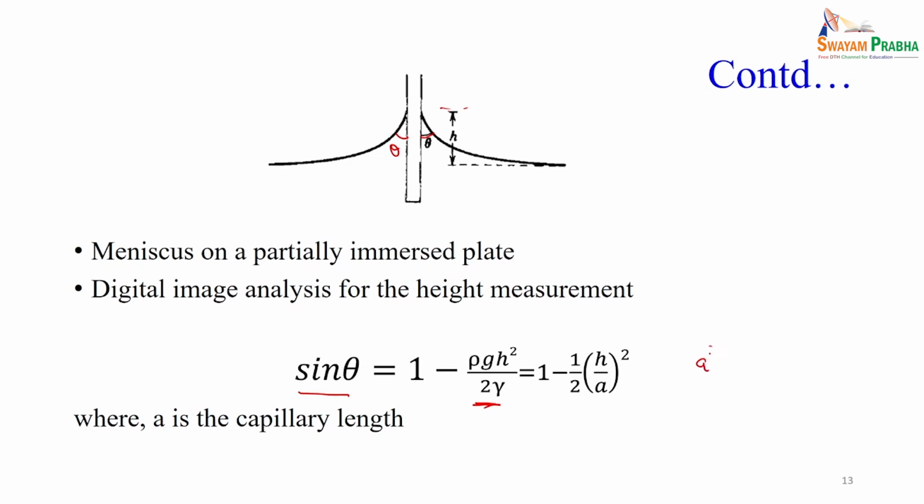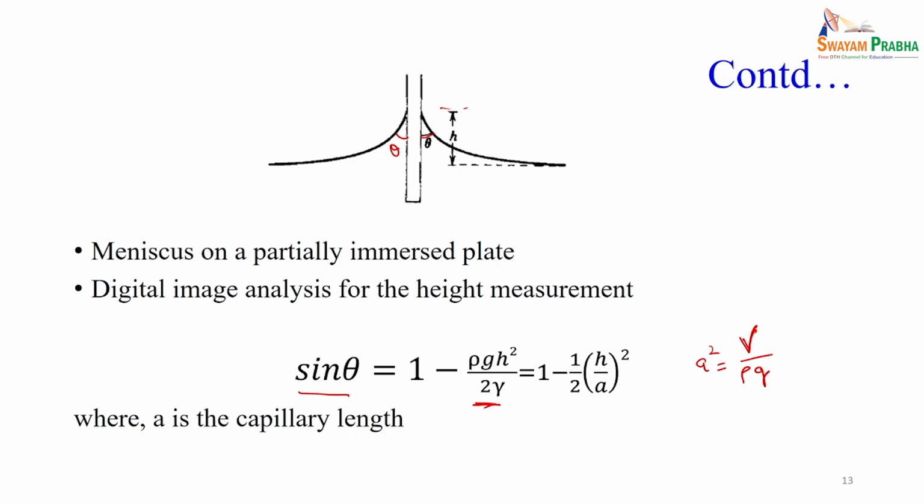Capillary length is defined as a square is equal to gamma upon rho g. This is the capillary height. So, if you put gamma upon rho g as a square, it will simply be h upon a whole square.